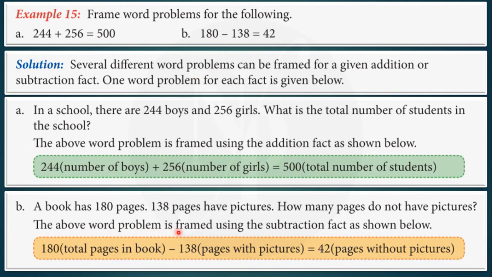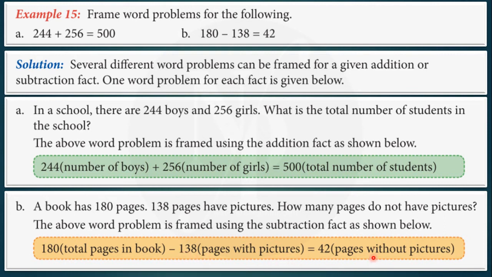The above word problem is framed using the subtraction fact as shown below. Look here. The number 180 is chosen as total number of pages in a book. And it is assumed that the book is having some pictures on some pages, and the number of pages on which there are pictures is 138.